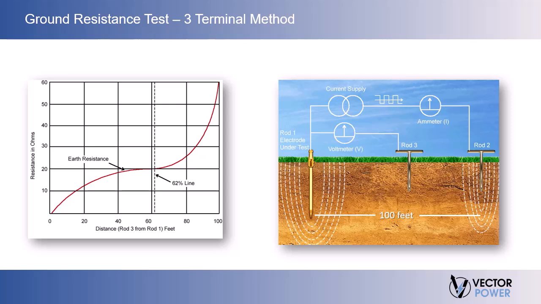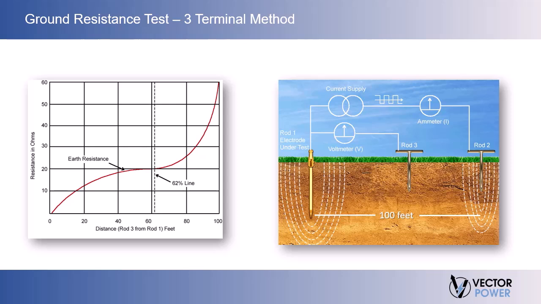For example, the distance from the earth electrode to the current reference probe is 100 feet. Taking 62% of this distance, we get 62 feet. The resistance for this distance is 20 ohms. This is the measured resistance of the electrode under test.